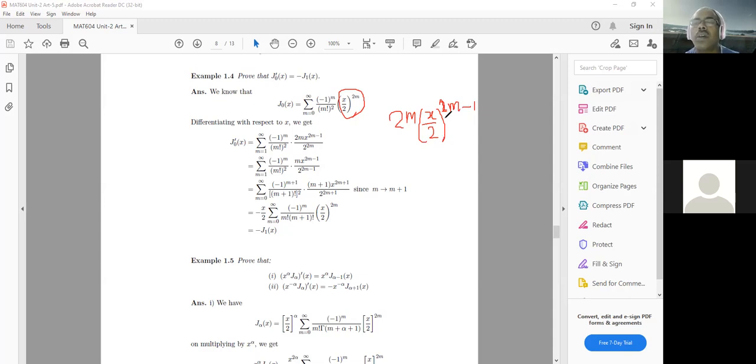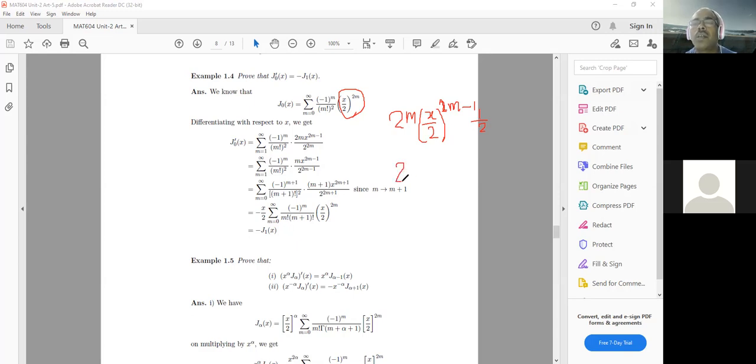Again, take the derivative of the bracket x by 2. The derivative of x by 2 is only 1 by 2 here. Now let us simplify this further.